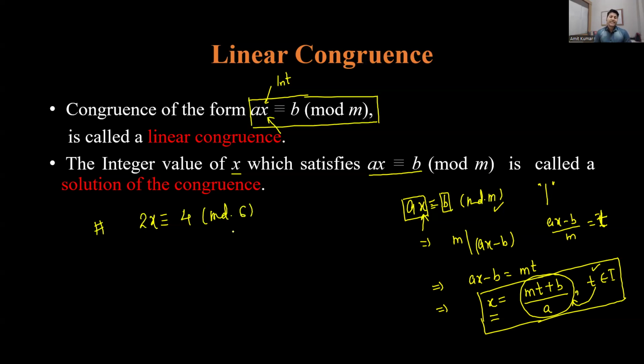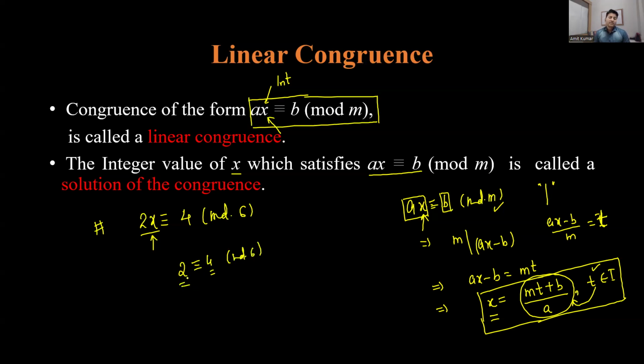So I have taken one linear congruence, which is 2x congruent to 4 mod 6, and I'm interested in finding its solution. Let us see how we can get it. If I put x equal to 1 in this equation, this is 2 congruent to 4 mod 6. Is it satisfying the condition?